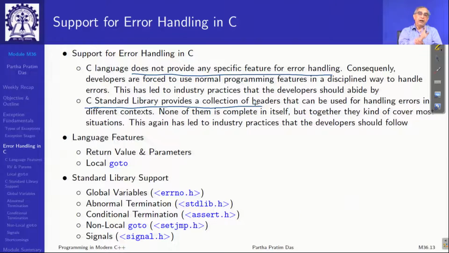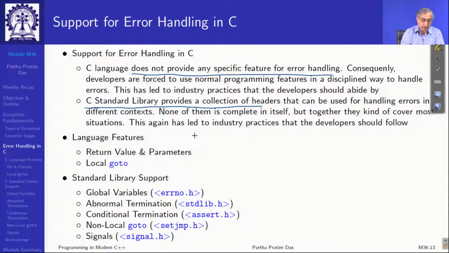So, the onus still lies with the programmer to decide which particular library to use in which context, and if you do that properly, then most of the error situations can be handled pretty well in C as well, but the best that I would advise is follow the industry practices, because that is the most important. Then you will be consistent with your fellow developers, and you will not need to reinvent the wheel.